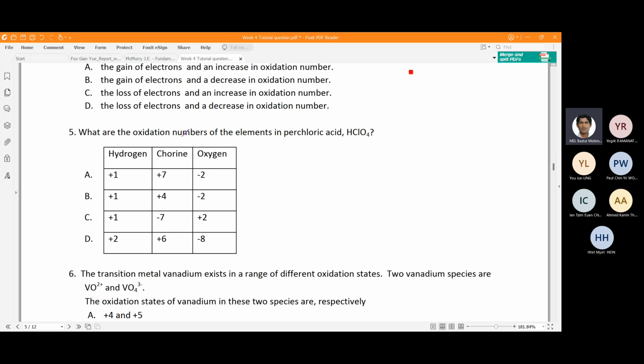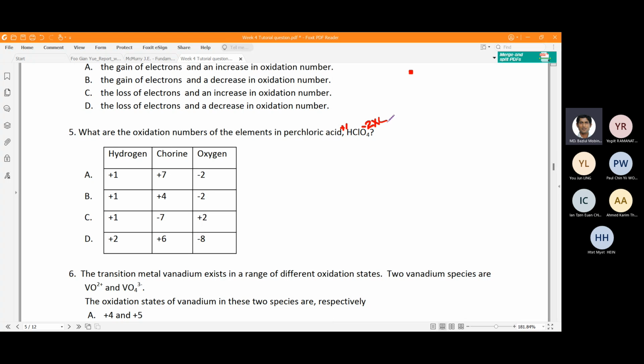What is the oxidation number of the element in perchloric acid? Perchloric acid oxidation number. It does not say anything specifically, so what we'll do is, we know that hydrogen is mostly positive unless it is exceptional. Oxygen is mostly negative unless exceptional, but it is not an exception.